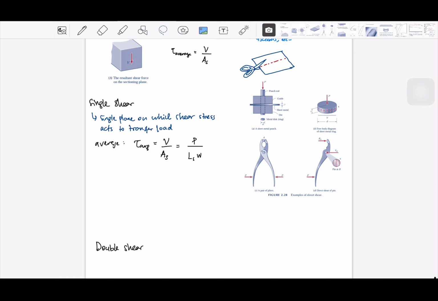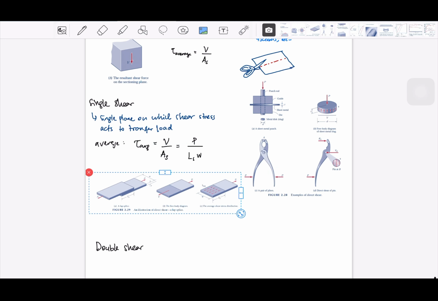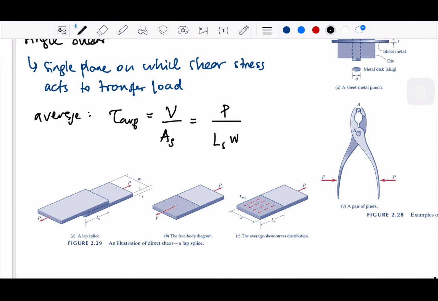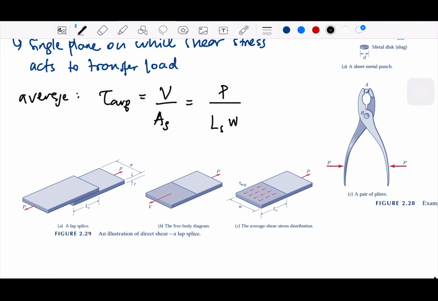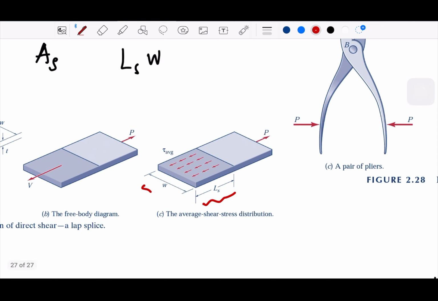I forgot to bring the picture. This is the picture, let me put it here. So P is the force, the pulling force. Ls is the length here for the average one, and W is the width. That's the area.